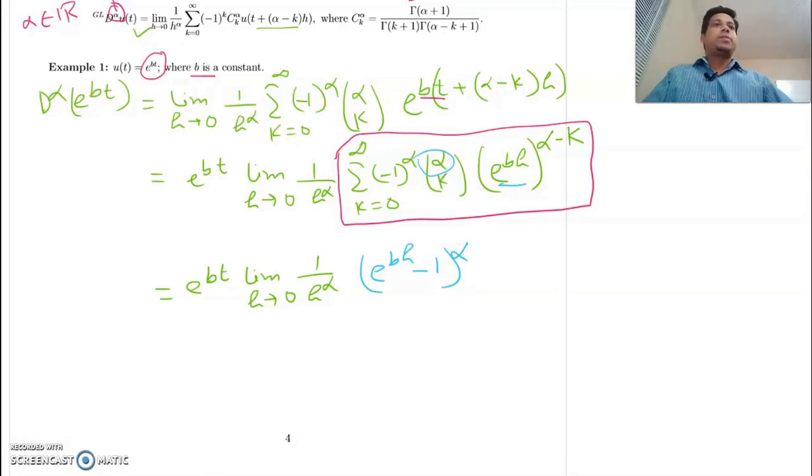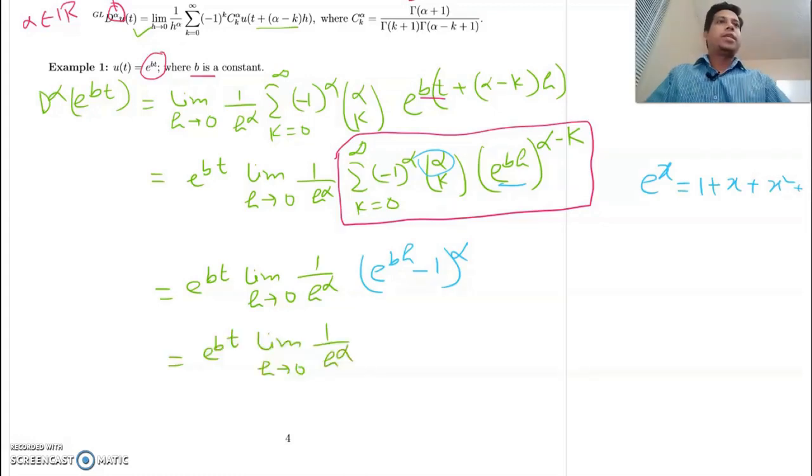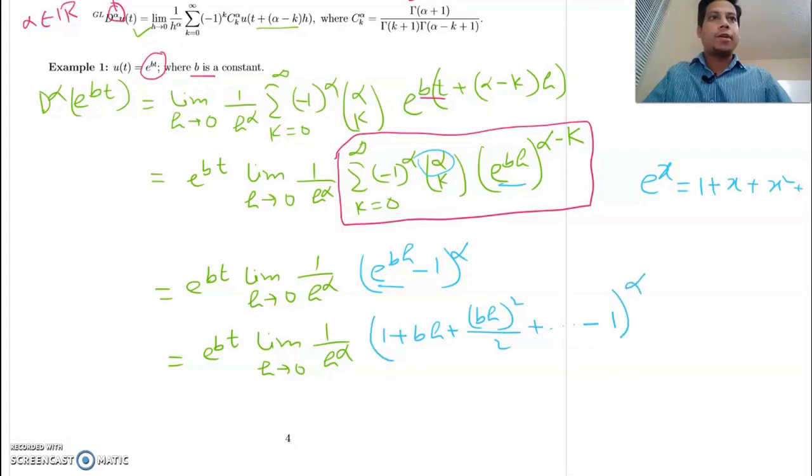Now we know the Taylor expansion for exponential of x. We know exponential of x equals 1 plus x plus x square over 2 and so on. So using this expansion, for the first term we get 1 plus bh plus (bh) whole square divided by 2 and so on, minus 1, raised to the power alpha. So this plus 1 and minus 1 cancel out.